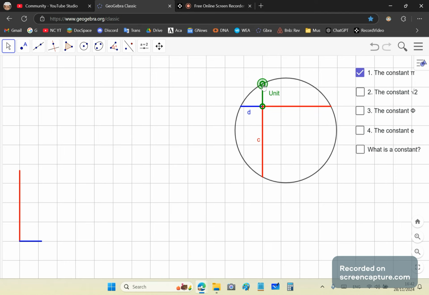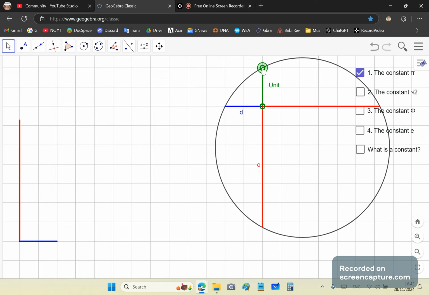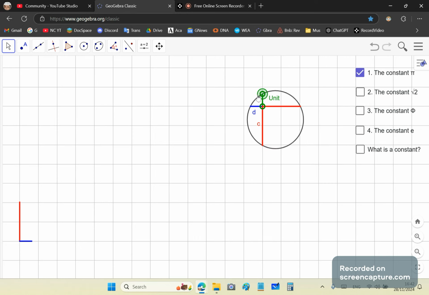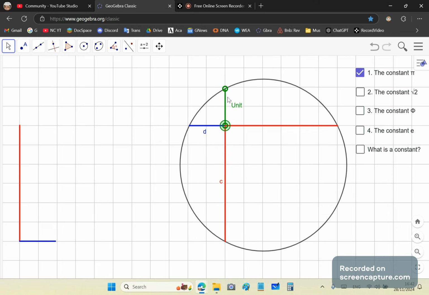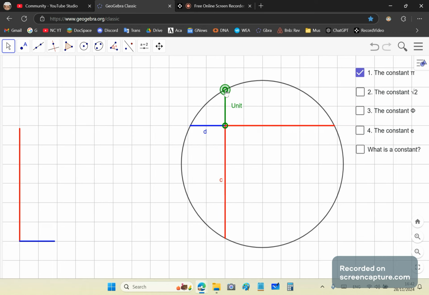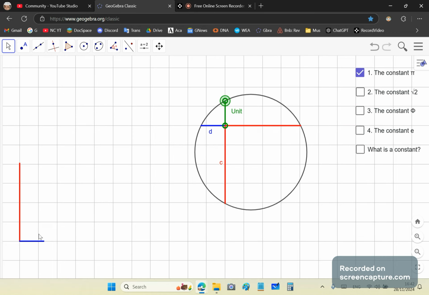So it doesn't matter how many units you have. If it's 2 units, this line here is still the circumference, and this line is the diameter, and this line here is still the circumference. Okay, so as you can see on the left here, it doesn't matter how you adjust the circumferences or the diameters because they're in proportion.